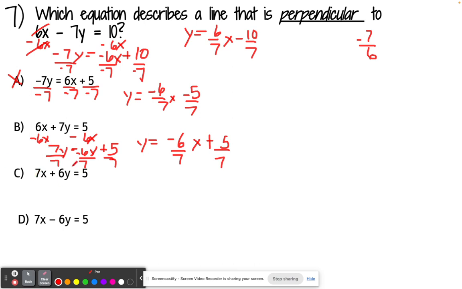This one looks promising because this one was upside down and I had a 6 on my x and a 7 on my y. This time I have a 7 on my x and a 6 on my y. That at least looks promising. Subtract 7x from both sides.